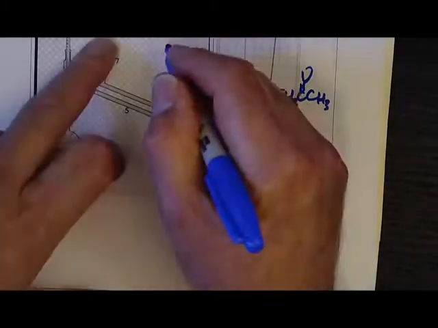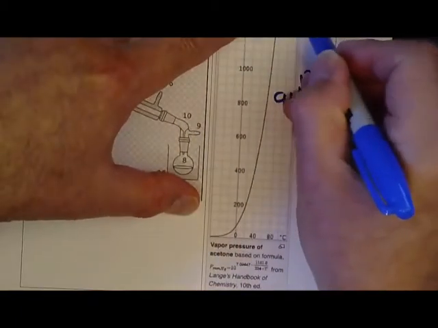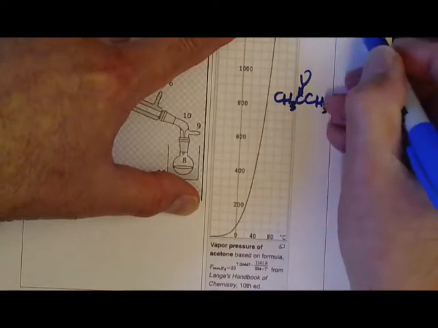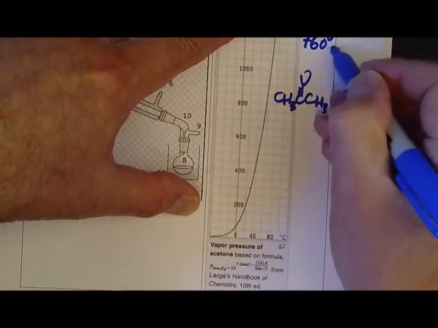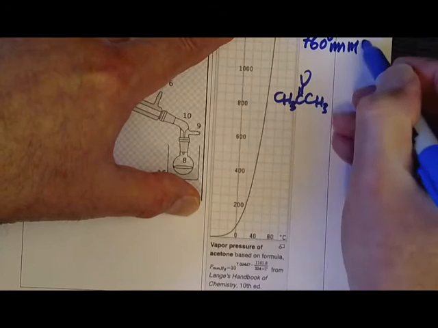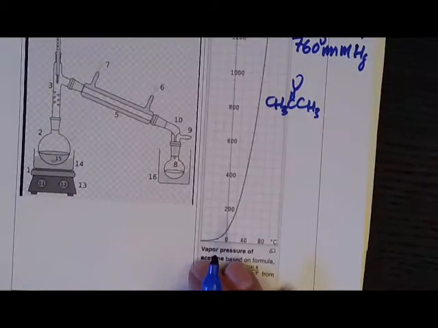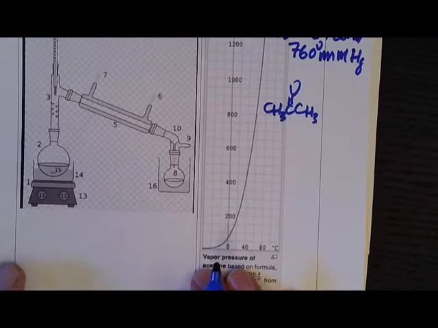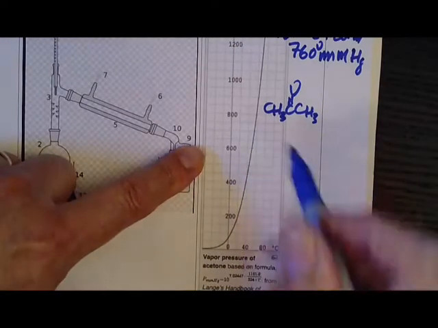That's the unit. I'm sorry, moving the paper. So we're looking at 760. This is 600, 800.